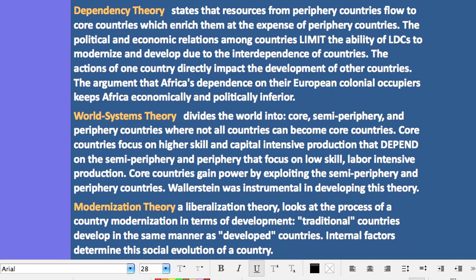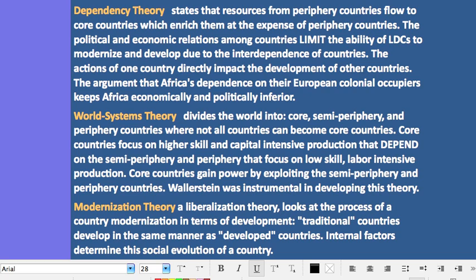Alright, so we're going to look a little bit more in depth at each of these theories. Dependency theory, which is not covered in your book. So the idea, again, is that periphery countries develop things and provide things that flow to core countries. And this flow from periphery countries to core countries enriches the core countries at the expense of the periphery countries.